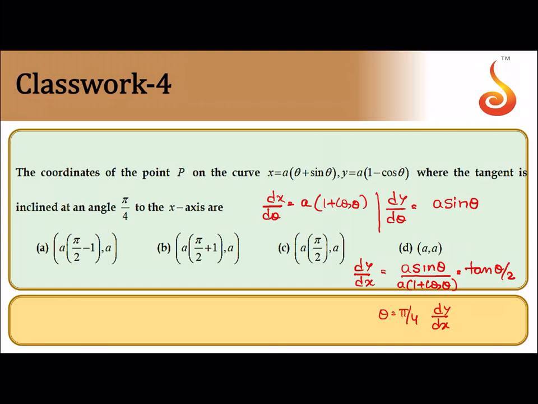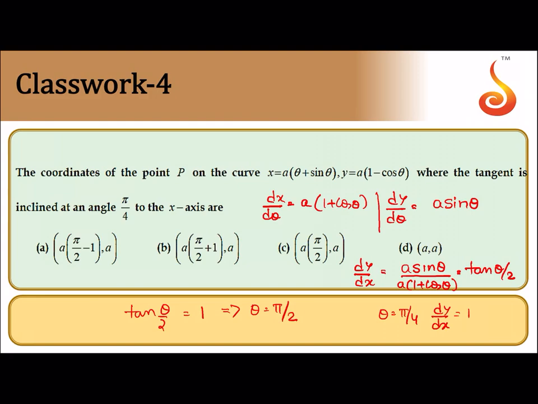Now, dy by dx is tan theta by 2. So what is asked? The point P where the tangent is inclined at an angle of pi by 4 to the x-axis.